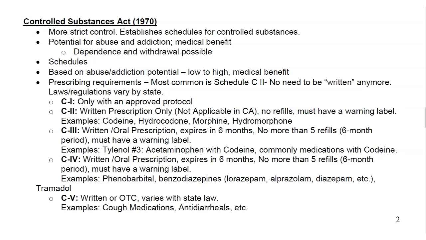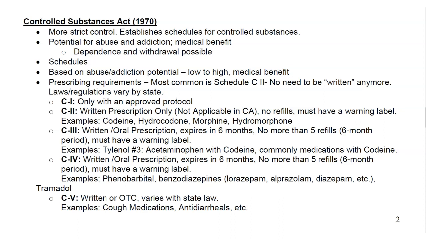We're going to talk about the different schedules of drugs, and depending on the schedule, there are specific regulations and policies that we have to ensure we're following as nurses. The control of the substances is based on their abuse and addiction potential, from low to high, and again, based on their medical benefit.